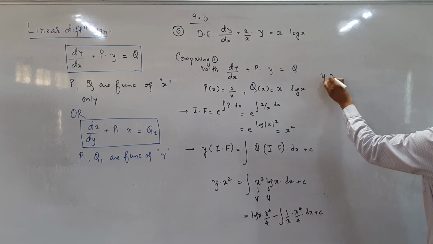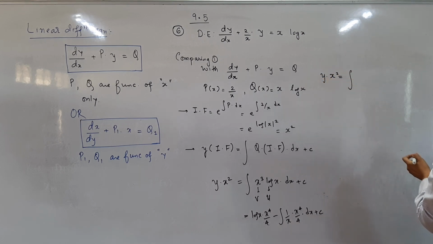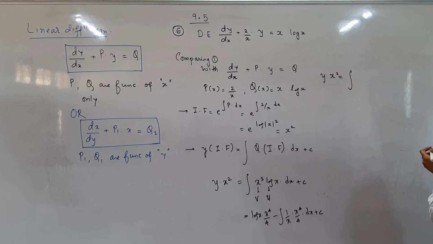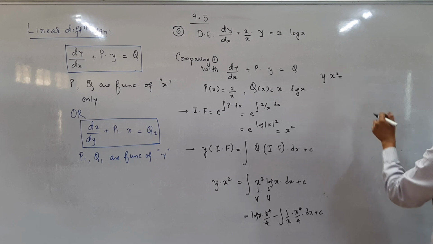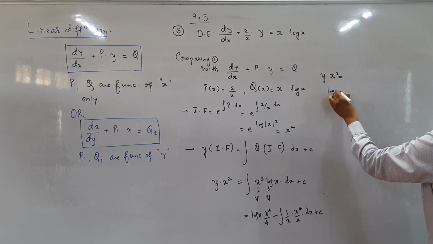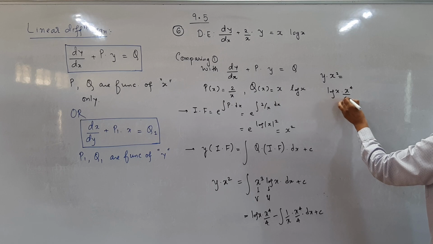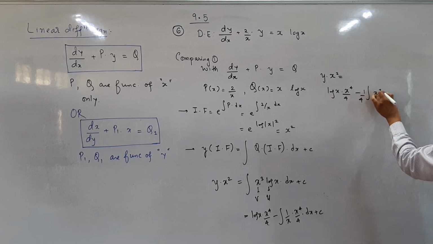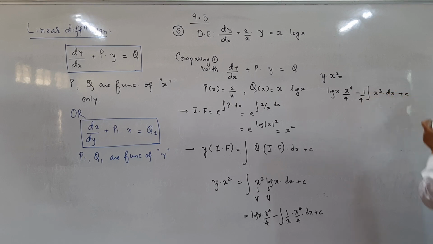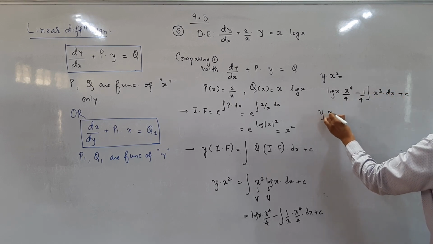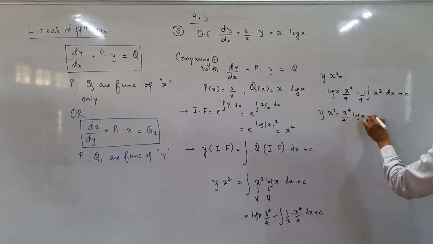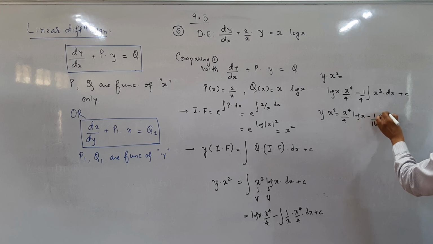So y into x square will be equal to log x into x raised to 4 by 4 minus 1 by 4 integration of x cube dx plus c. So y into x square will be x raised to 4 by 4 into log x minus 1 by 16 x raised to 4 plus c.